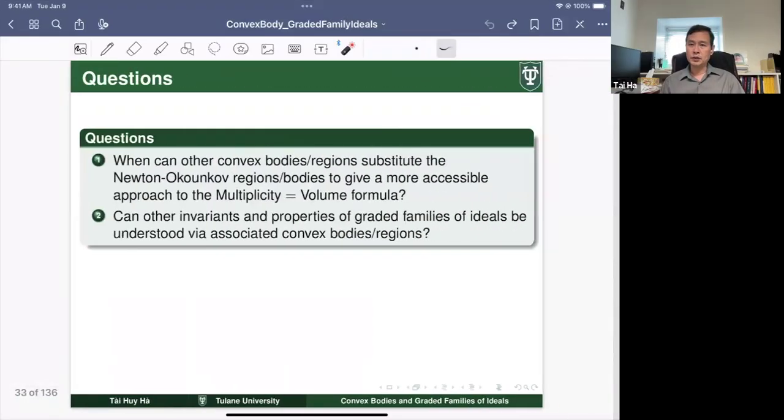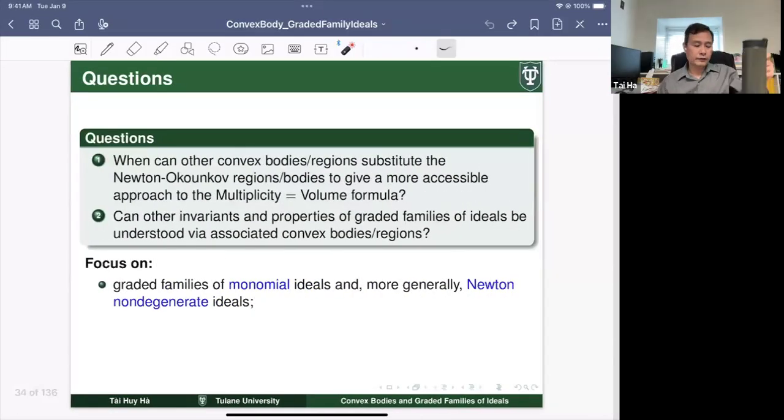And the second question that I'm interested in is, can other invariants or properties of a graded family of ideals be understood via an associated convex body or convex region of the given family?